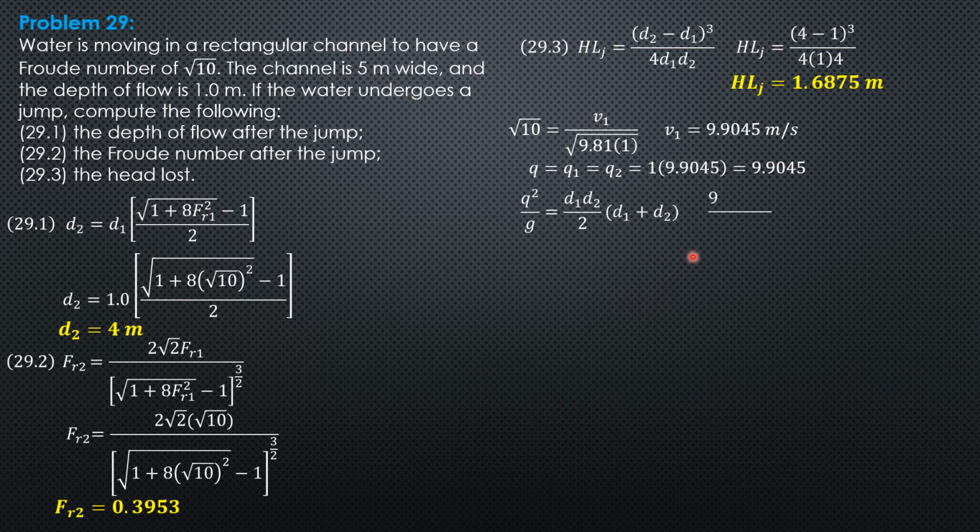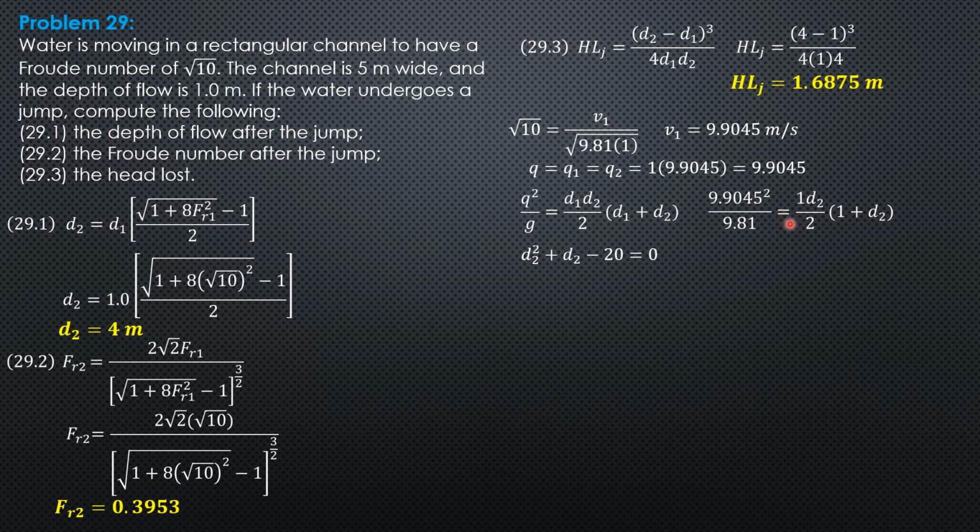So substitute: 9.9045 squared over 9.81 equals 1 times depth 2 over 2 times the quantity 1 plus depth 2. Cross multiply: 2 times 9.9045 squared over 9.81 equals depth 2 squared plus depth 2, or depth 2 squared plus depth 2 minus 20.